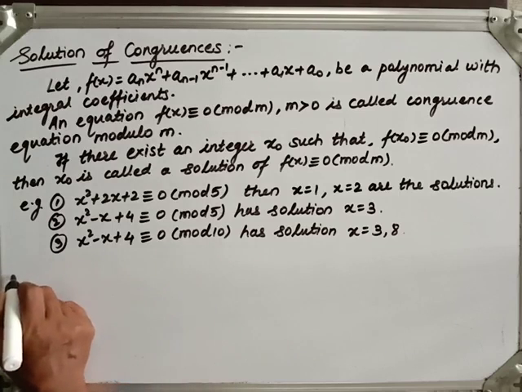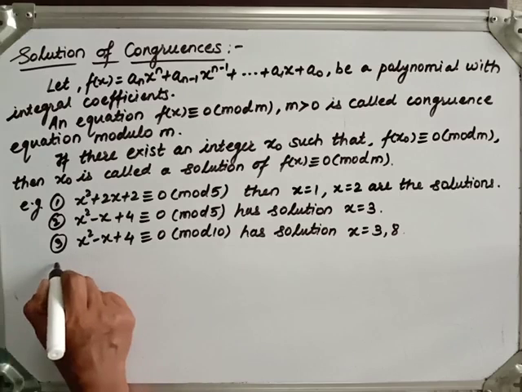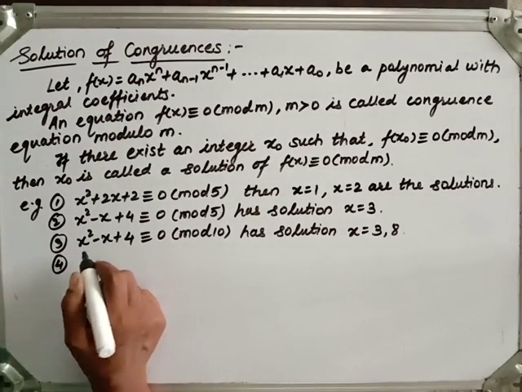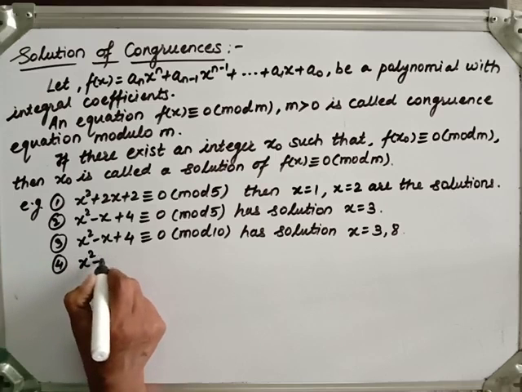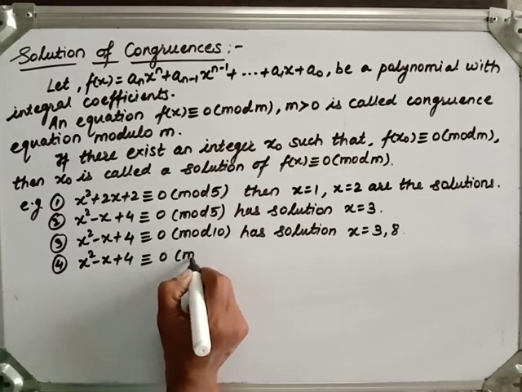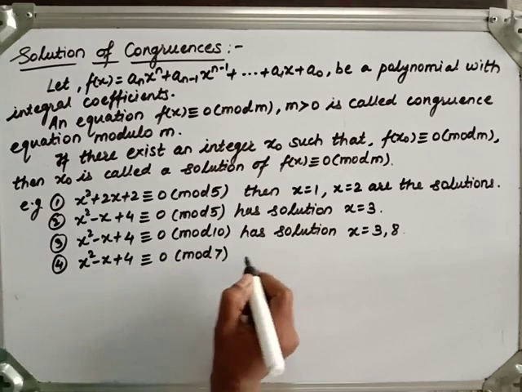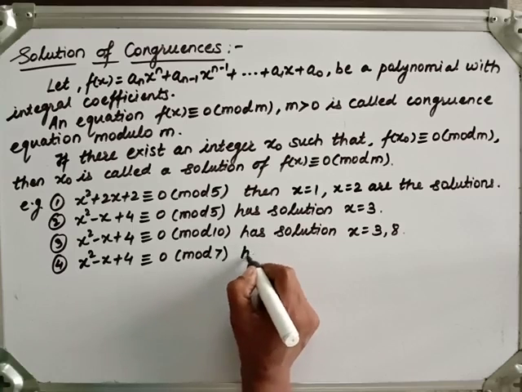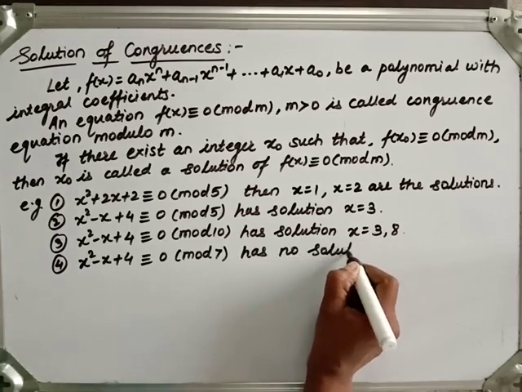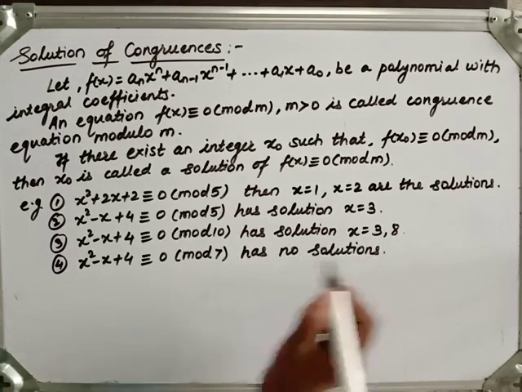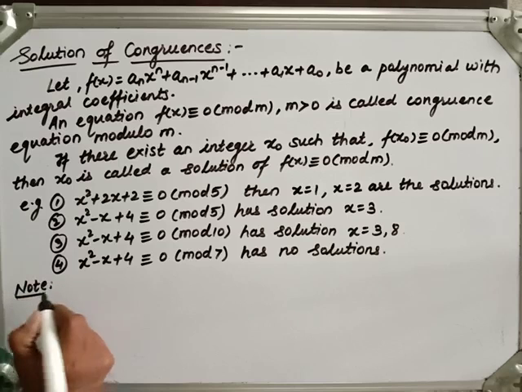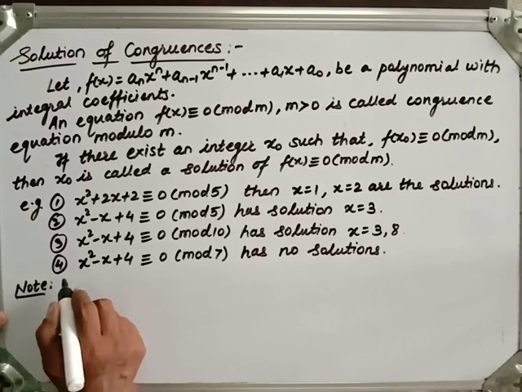Now some congruence equations don't possess a solution also. So here x square minus x plus 4 congruent to 0 modulo 7 has no solutions.